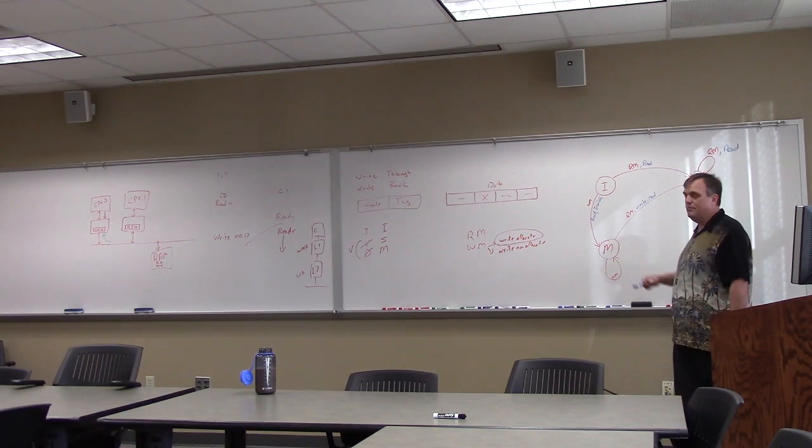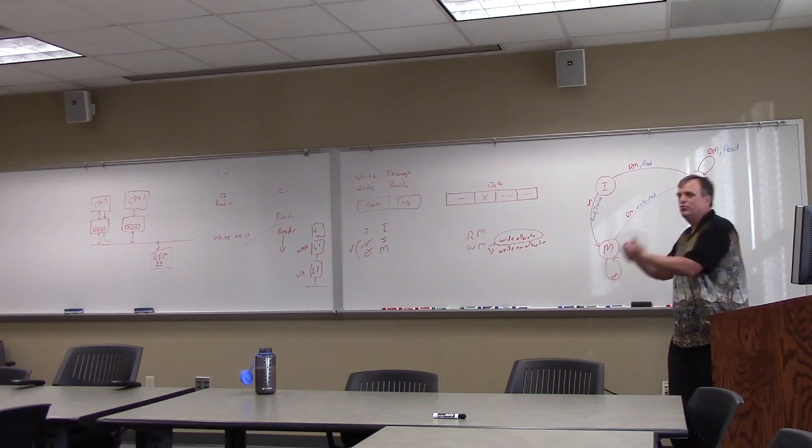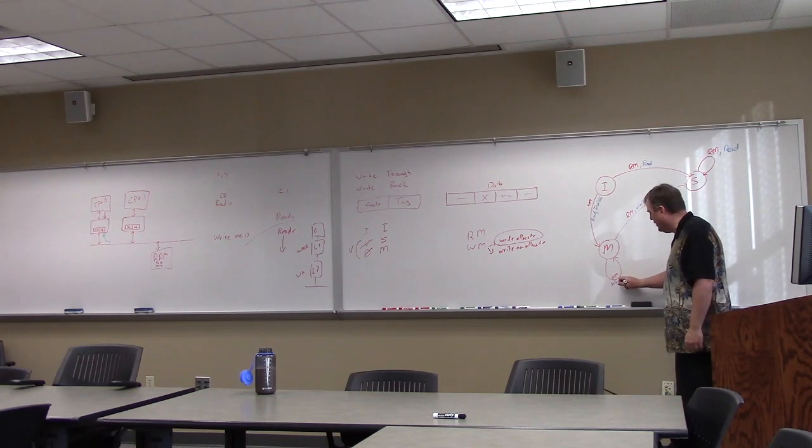Now, if I get a write miss, I've got to do several things here. The old location was modified, so I have to write it out. So I have to put a write for the old value.